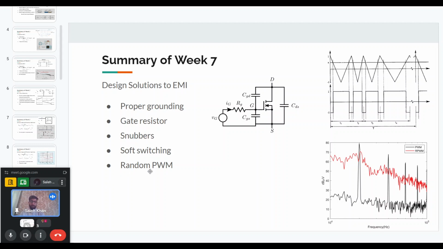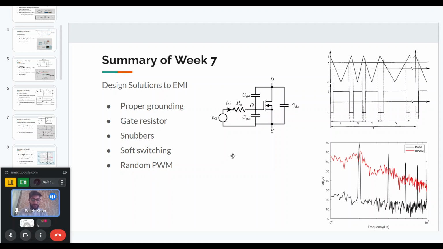For example, one PWM technique is called random PWM, and this will also have different subtypes. But basically, we have seen that the EMI is due to these switching voltages. And if we do the Fourier transform of the switching voltages, ideally, if we switch at a fixed switching frequency, then they will have components at that switching frequency and its multiples.